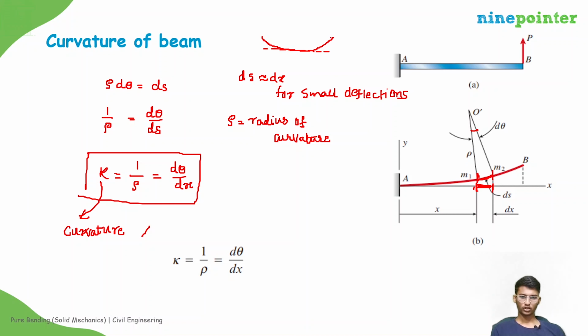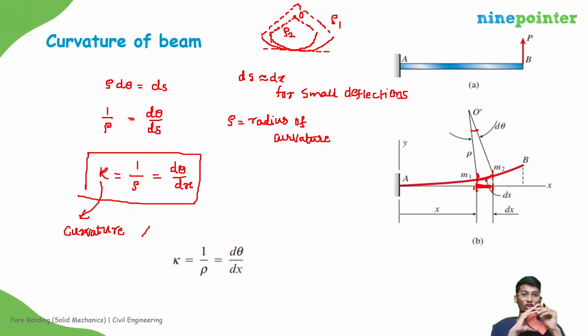Then the radius of curvature is given by this one, ρ1. If you apply more bending moment, the curve will be more, so it will deform more and become something like this. Then if you draw the center, the center will be located here, so now the radius of curvature will be ρ2.